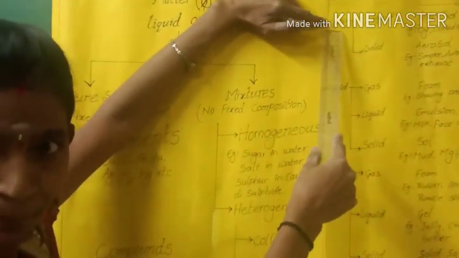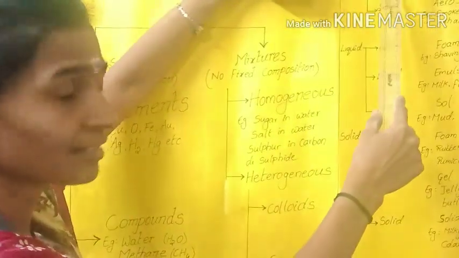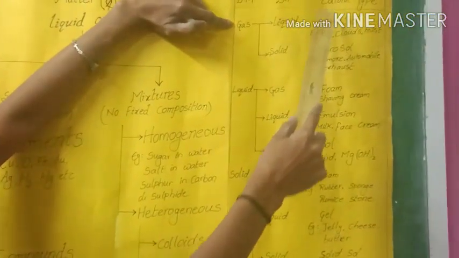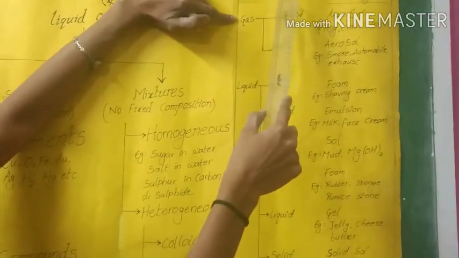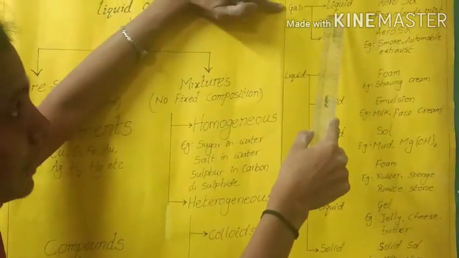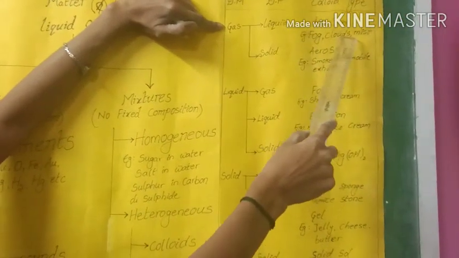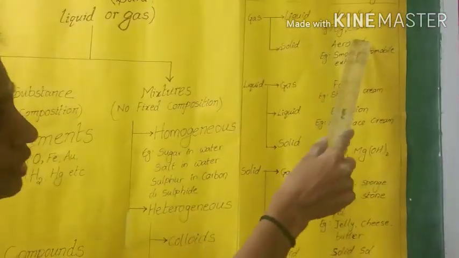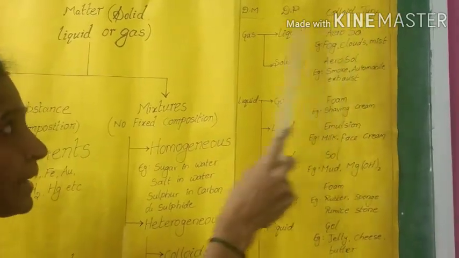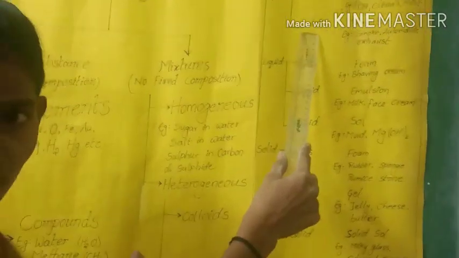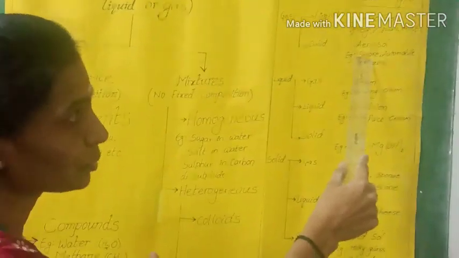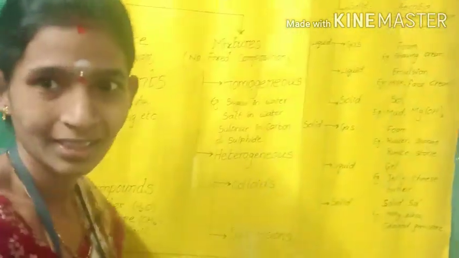If the dispersion medium is gas and the dispersion phase is liquid, we call such a colloid an aerosol. Examples: fog, clouds, mist. If the dispersion medium is gas and the dispersion phase is solid, we also call it an aerosol. Example: smoke, automobile exhaust.